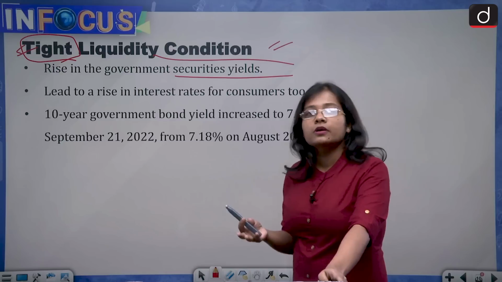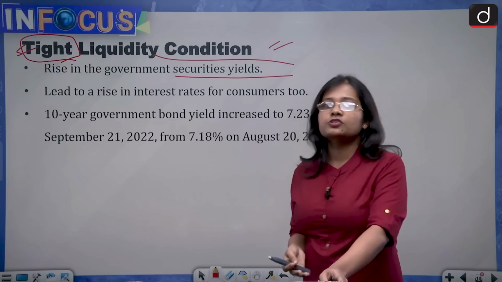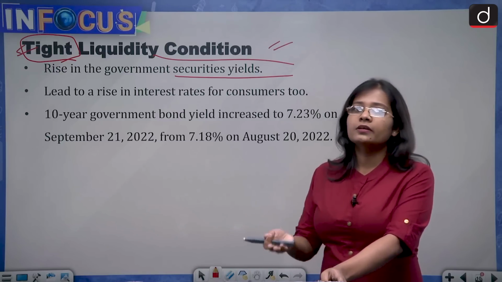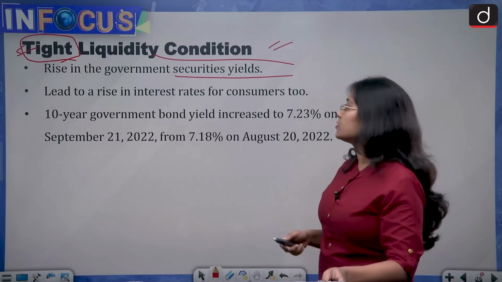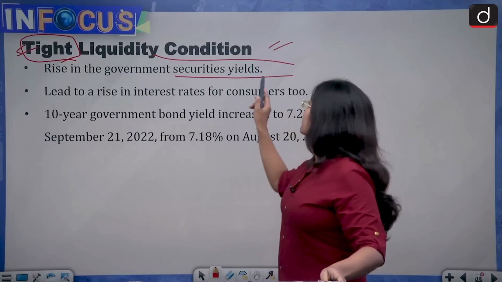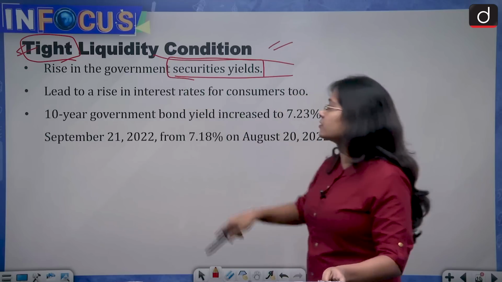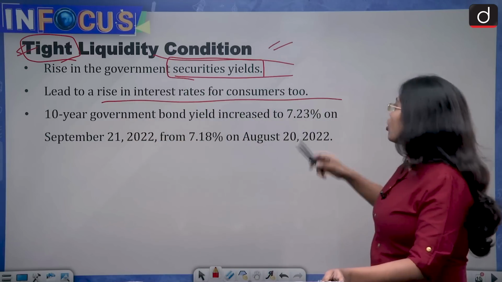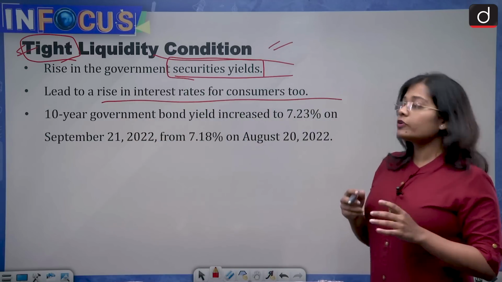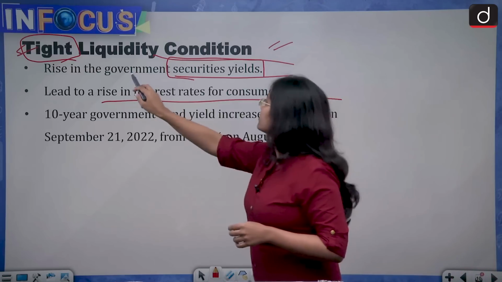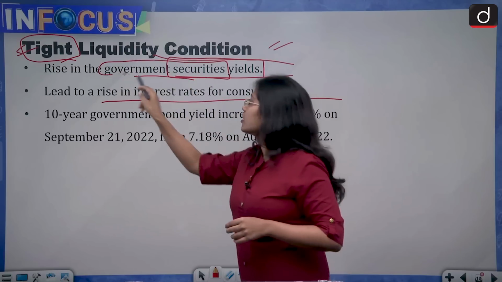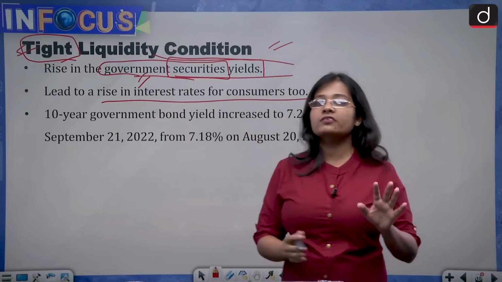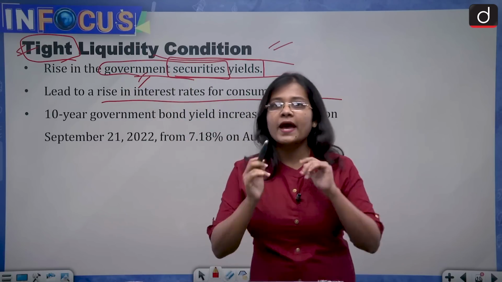So what will happen with the customers? Will the customers be at profit or at loss? There will be a rise in the government security yields, and that will lead to a rise in the interest rates for consumers. Who buys the government securities? That is the primary question. It is the banks.